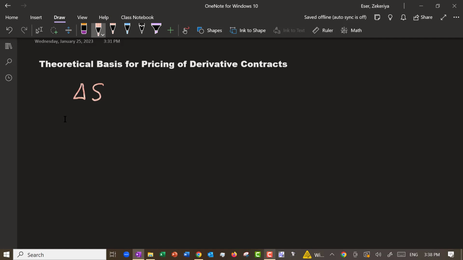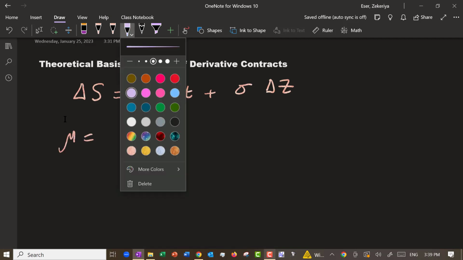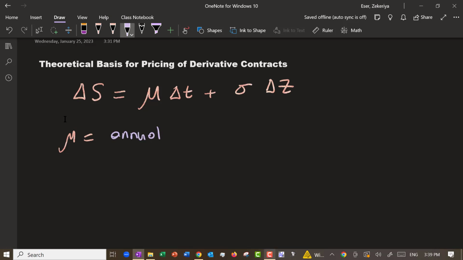S can be a stock, where it has some sort of annual mean times delta t plus some volatility times something we're going to call delta z. Now mu, let's go annual drift, and sigma is annual volatility.